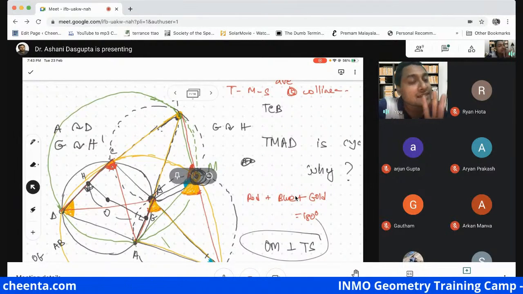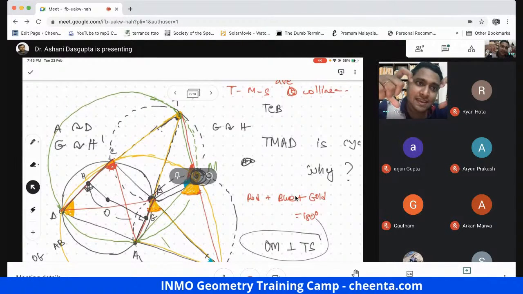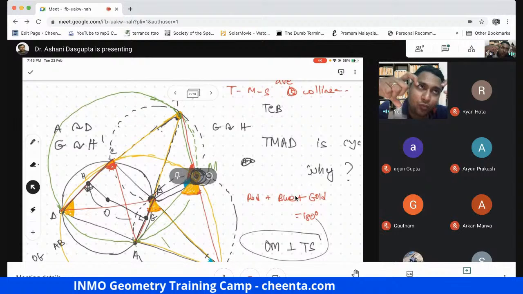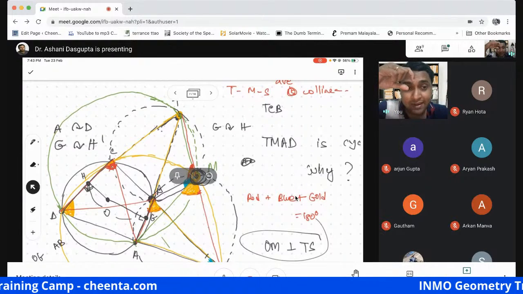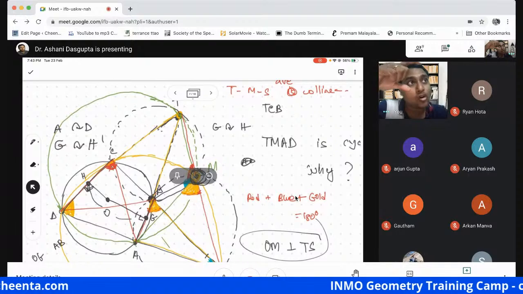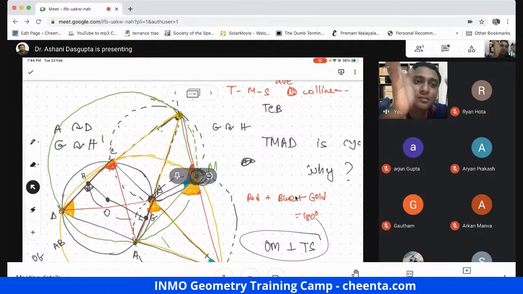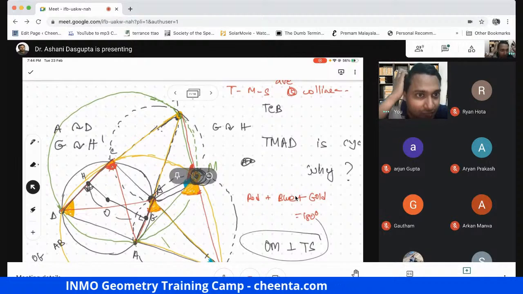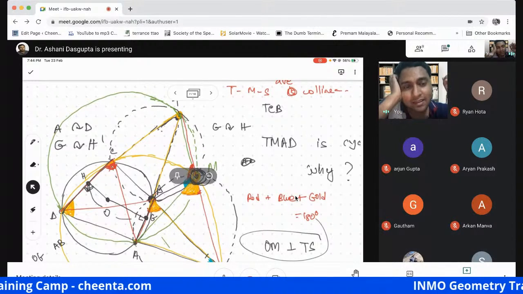So this is a very good exercise that all of you can do. Draw two segments and see, if you want to send this one to this one and this one to this one, where should the spiral similarity center be? If you want to send corner-wise, where should the spiral similarity center be?